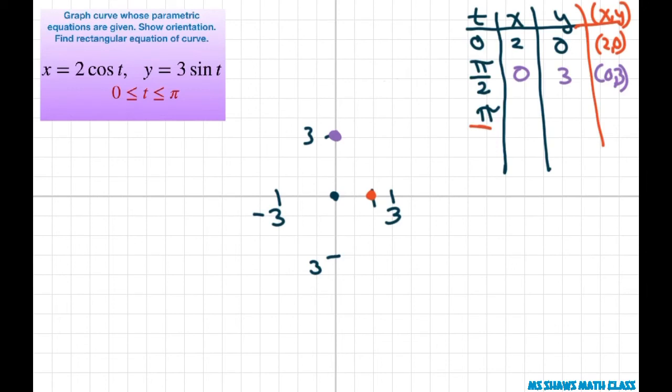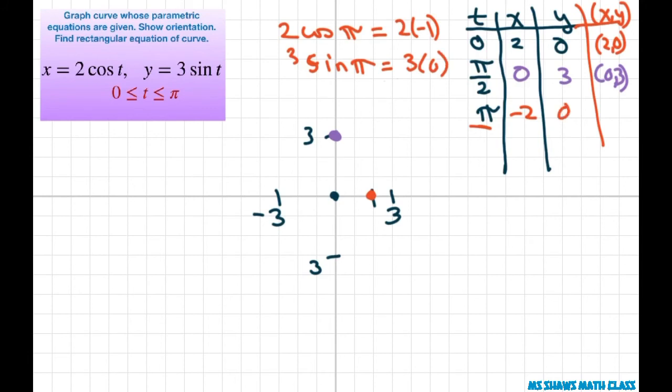For pi, we have 2 cosine of pi. That equals 2 times negative 1, negative 2. And of course, 3 sine of pi is 3 times 0. So this is going to be negative 2 comma 0, which is right there. And then we stop.